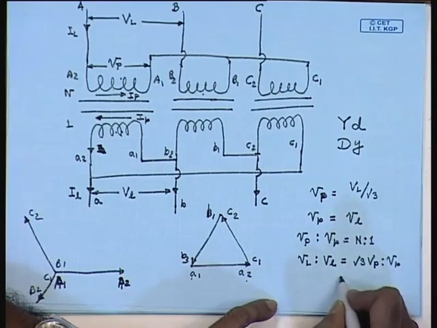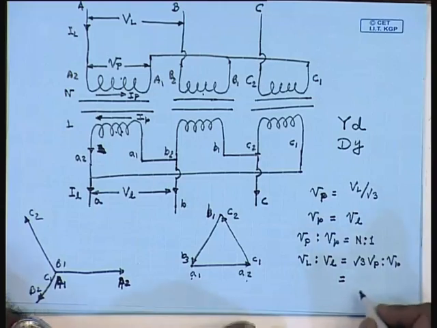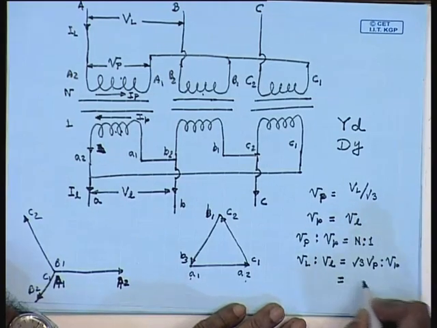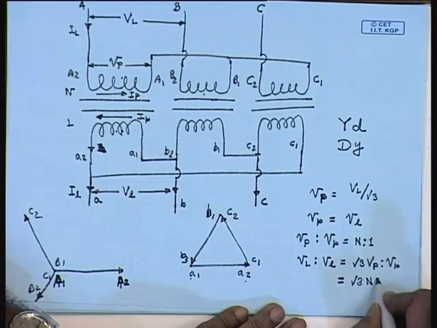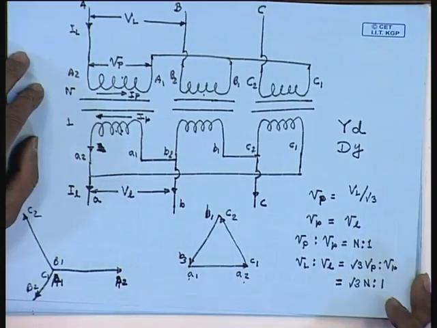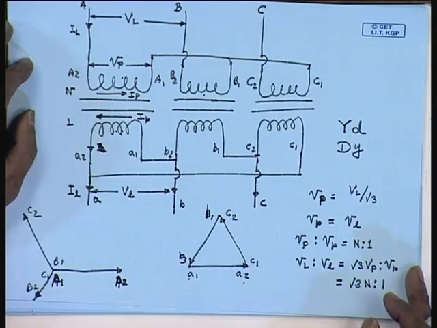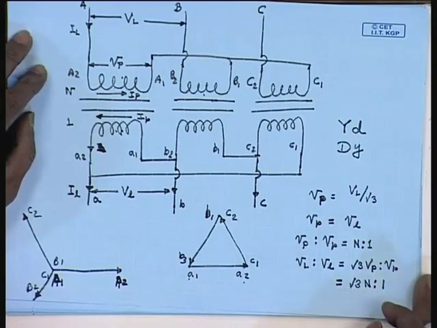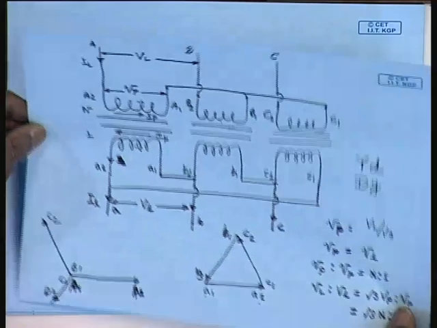This will be equal to root 3 n is to 1. So, the phase voltage ratio is same as the turns ratio, whereas the line voltage ratio is root 3 times the turns ratio. Let us look at the currents.